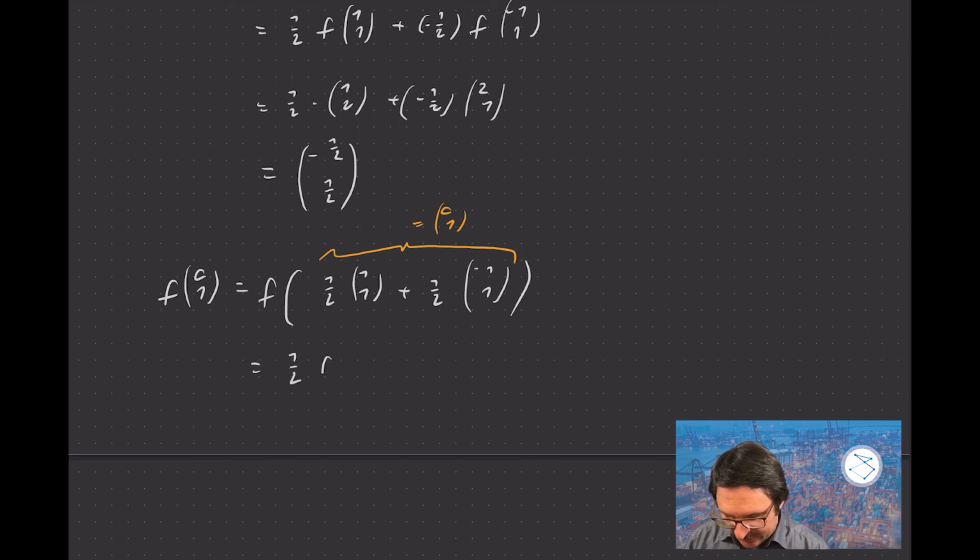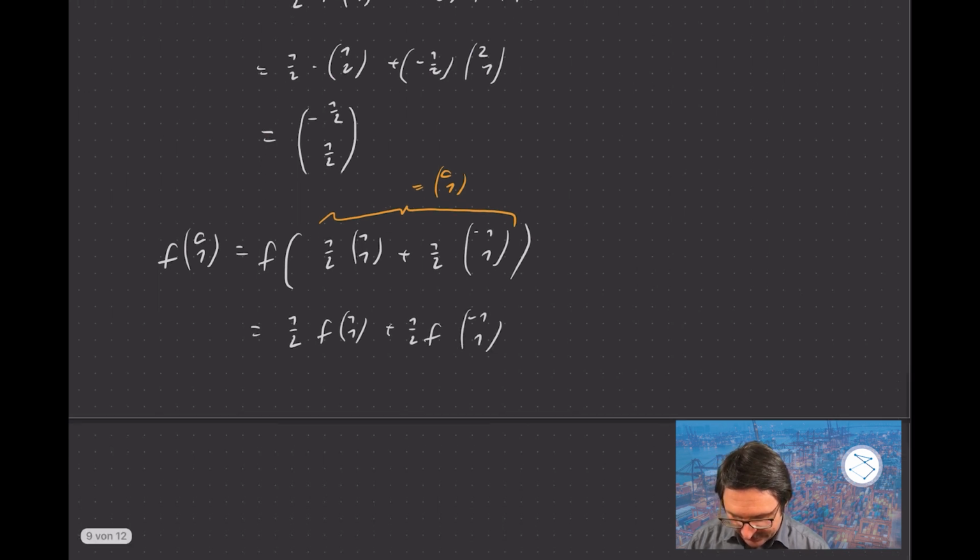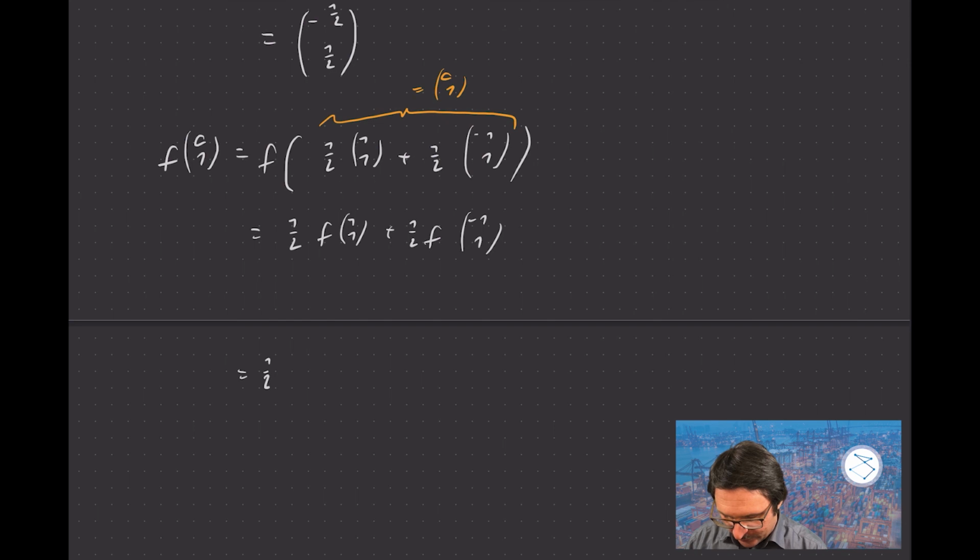And that means we get 1/2 f of (1, 1) plus 1/2 f of (-1, 1). So this is 1/2 times (1, 2) and 1/2 times (2, 1). What we get here is (3/2, 3/2).